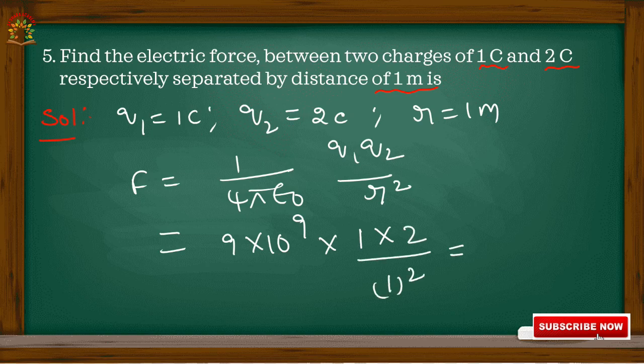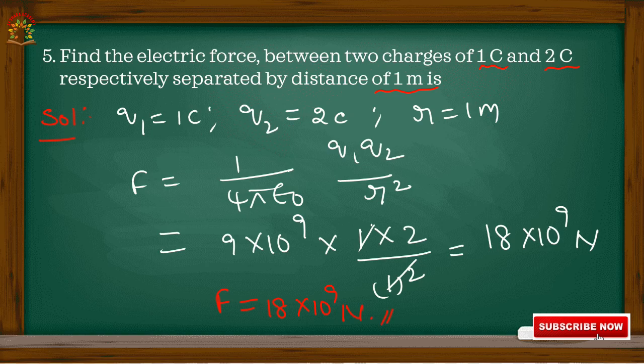So 1 cancels, and 9 twos are 18 into 10 to the power of 9 newtons. So the final answer, the electric force between the two charges of 1 coulomb and 2 coulombs respectively, separated by a distance of 1 meter, is F equal to 18 into 10 to the power of 9 newtons.